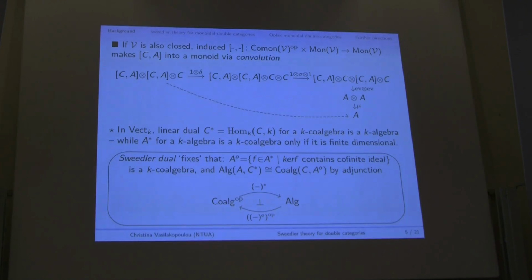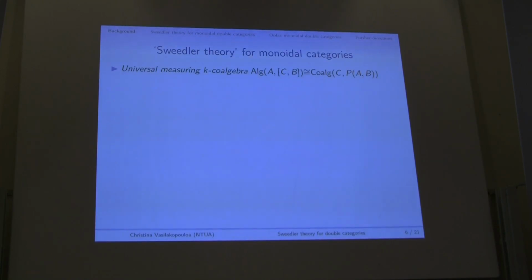A way to view the next slide, which is the topic of measuring coalgebras, universal measuring coalgebras, is as generalizing this adjunction there. So instead of having just maps going out from C to K, I can generalize K to an arbitrary algebra and take the concept of a universal measuring coalgebra. Those were introduced by Sweedler in his book, Hopf Algebras, back in 1969.